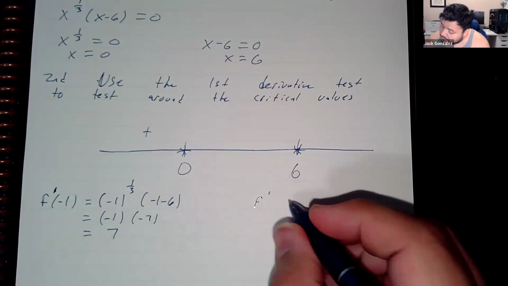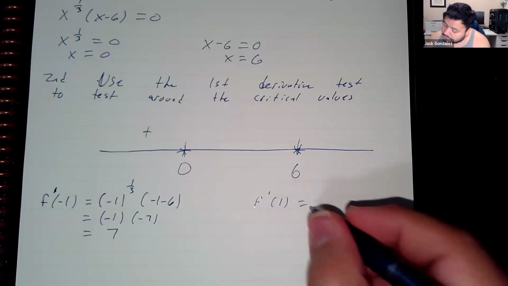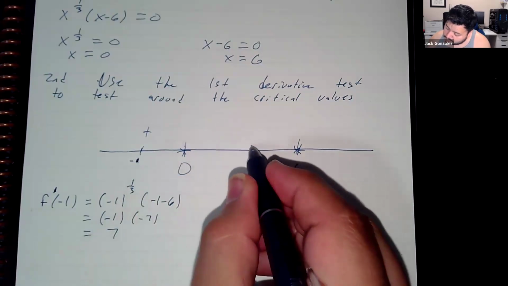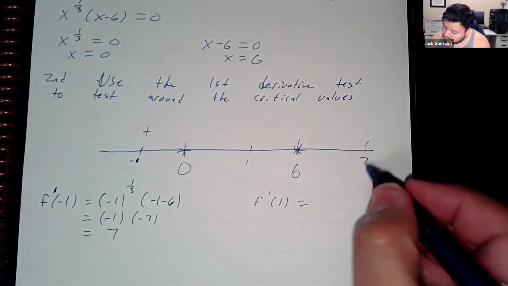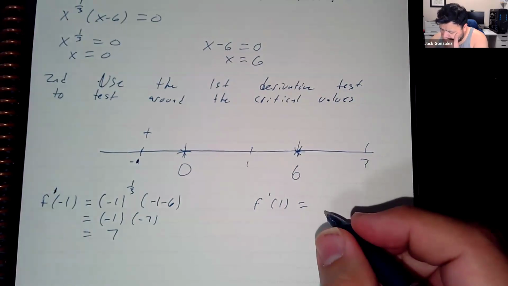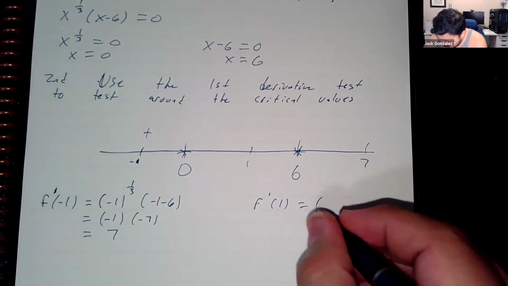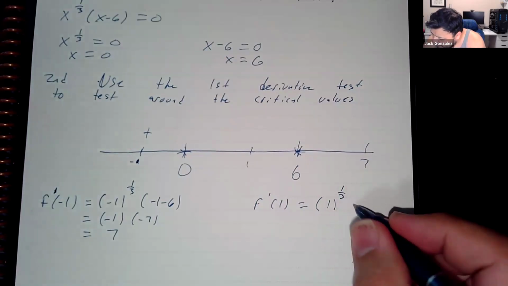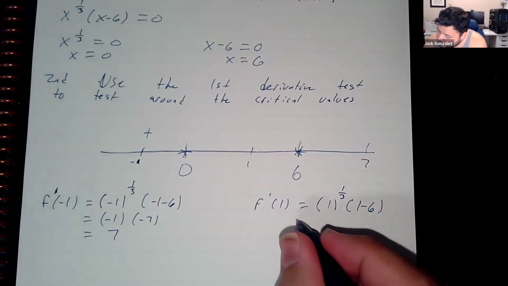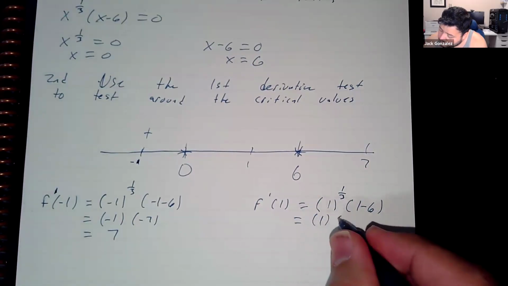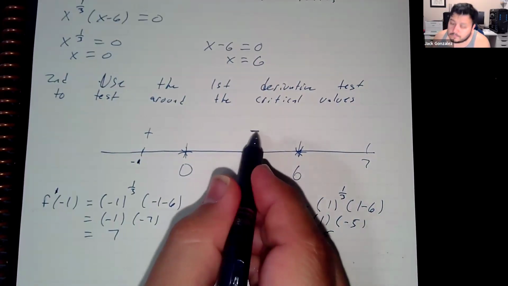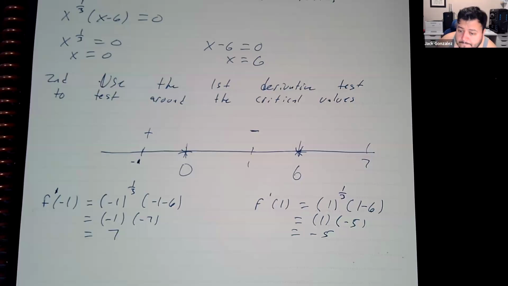Okay, let's test 1, I guess. Plug in 1. We get 1 times -5, right?